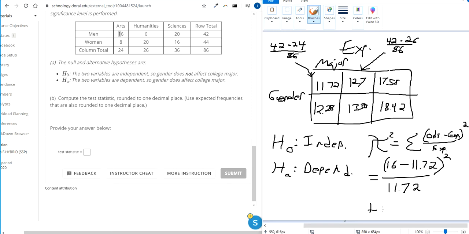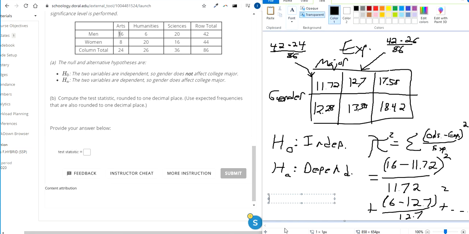Then you add it to men in the humanities. The observed was 6. The expected was 12.7. Square that difference, divide by 12.7, and keep going in this fashion until you've done all of them. I've done the first two. There's 6 in total, so I can usually do this quicker with a calculator. Let me type that out here.